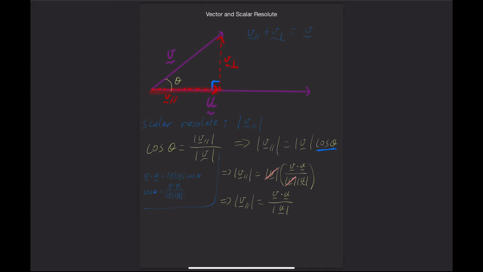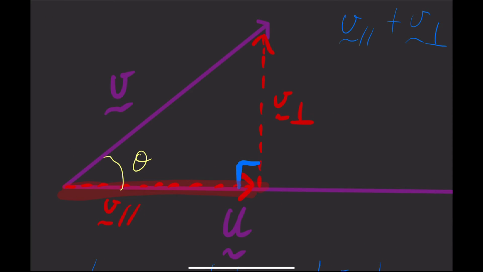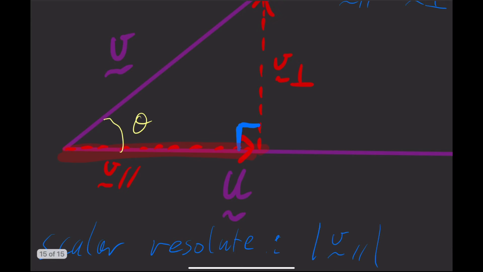Now we want our vector resolute. So let's zoom in here. We actually want this vector. We know its magnitude, so let's write its magnitude here. So let's do a little brace. And its magnitude is v dot u over the magnitude of u.